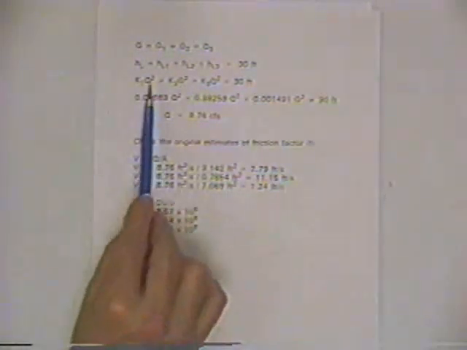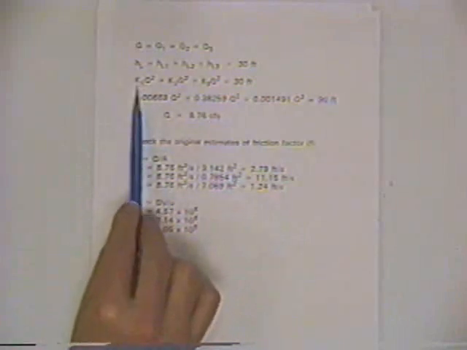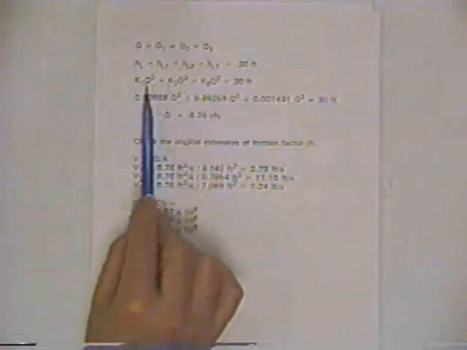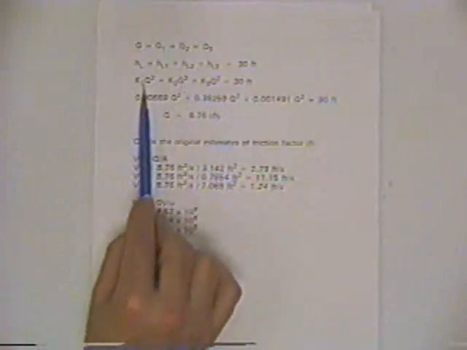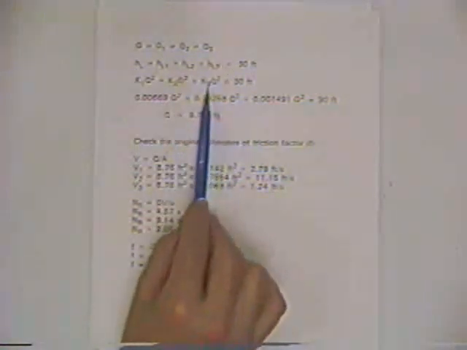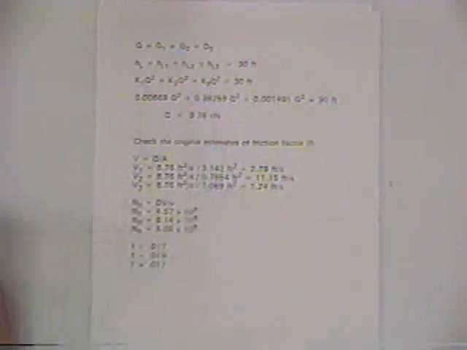For each pipe we could write out the Darcy-Weisbach equation, but for convenience we're just saying K times Q squared. So head loss in pipe 1 is K1 Q squared, head loss in pipe 2 is K2 Q squared, and the Q's are the same, and then K3 Q squared for the third pipe. All those head losses sum up to 30 feet.